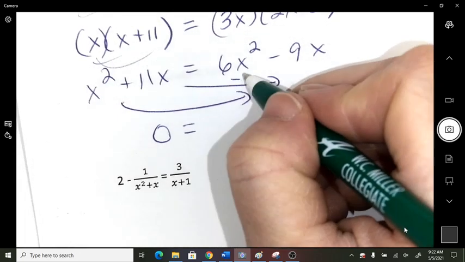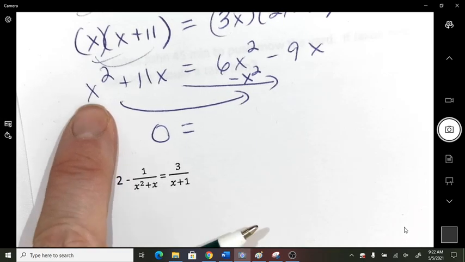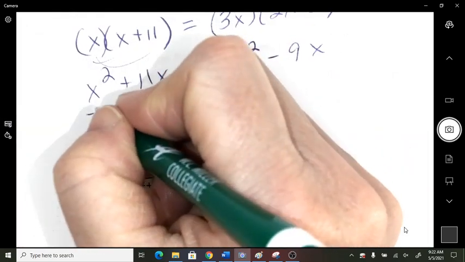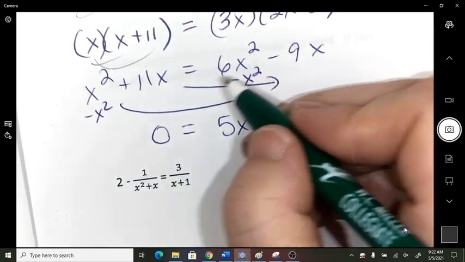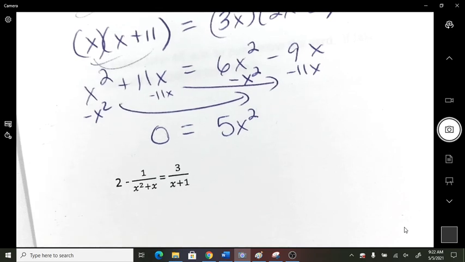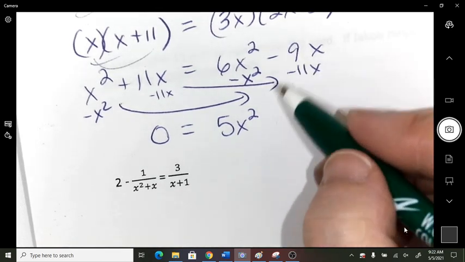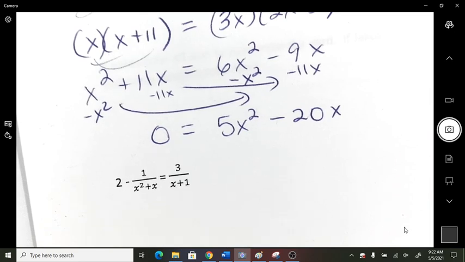So 6x squared minus an x squared, I'm minusing that x squared away, is 5x squared. And I'm going to have to minus the 11 to make the 0, so this makes negative 20x. Okay, so instantly when you see x squareds and x's, 0, one side.